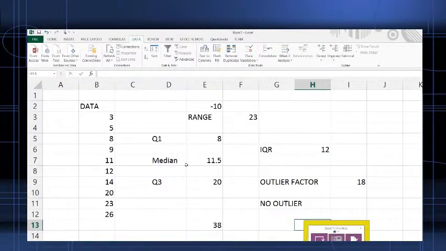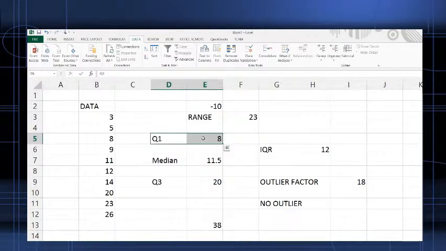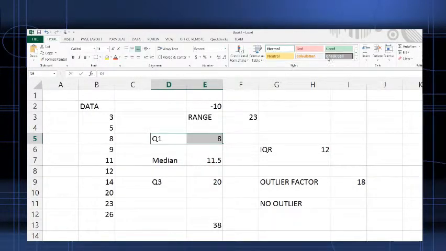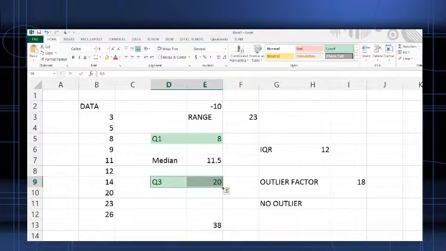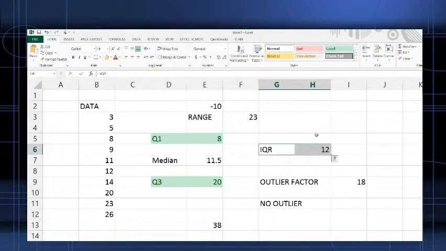So the major pieces of information that they want are your first quartile, which in this case is 8, your third quartile, which in this case was 20, and your interquartile range, which is 12.